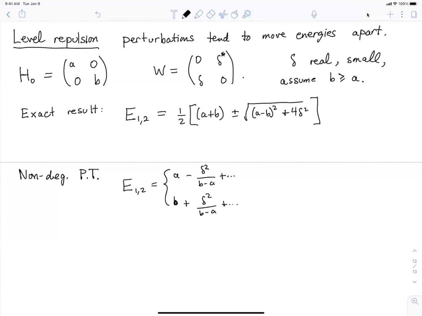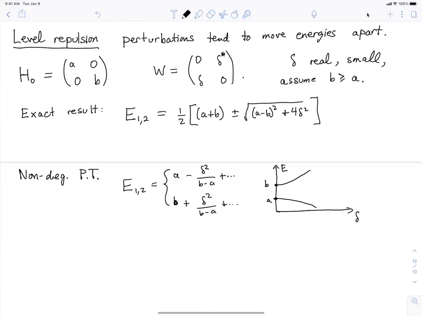And so it's a general fact that it's going to be quadratic in this case. If I graph the energies as a function of delta, one of them is going to start off at A, the other one's going to start off at B. Since we're assuming B is larger than A, the denominator is a positive number, the numerator is a positive number, and we're subtracting it off. So the lower one is going to get lower, and the state that started out at B is going to get larger.